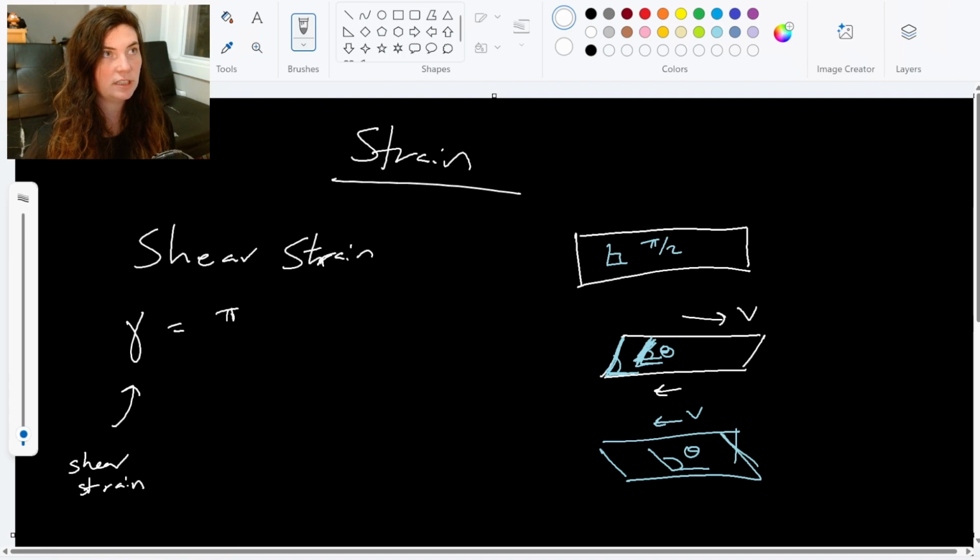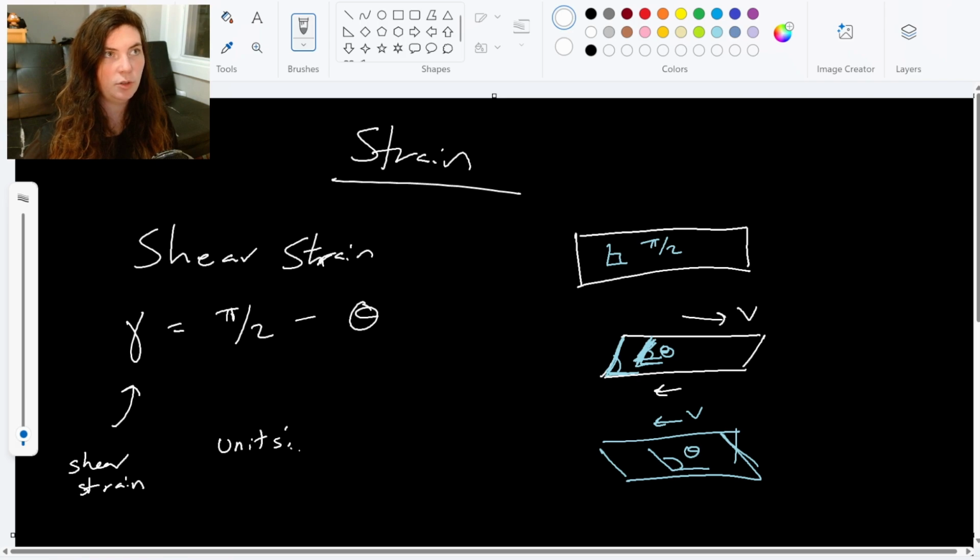And our equation is gamma equals pi over 2 minus theta. So theta is whatever that new angle is, the new orientation angle caused by the shear strain. Pi over 2 is what we assume the original positioning was, a perfect 90-degree angle, and then we subtract out. So this is our shear strain equation.